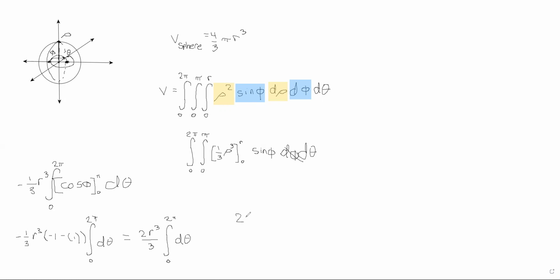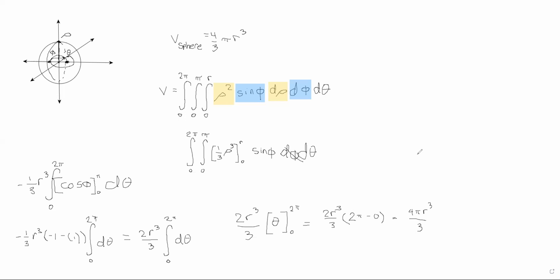So we have 2 times the radius cubed over 3, and then we have theta as the antiderivative going from 0 to 2 pi. Then we have the top endpoint plugged in minus the bottom endpoint plugged in. So if we simplify, we get 4 pi r cubed over 3.